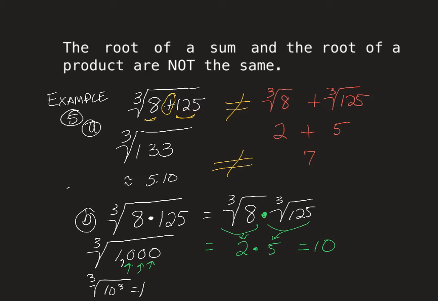And the cubed root of 10 cubed is 10. So yes, these are equal. That does work. Yay. Okay. If there's a multiplication, you can use it that way. All right, let's move on to example 6.